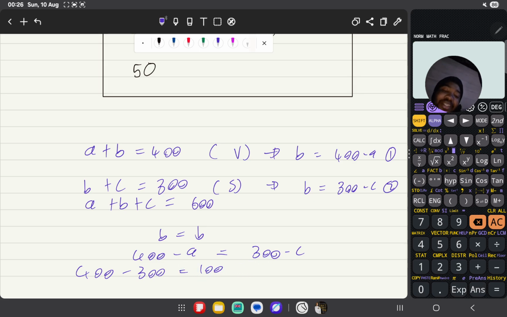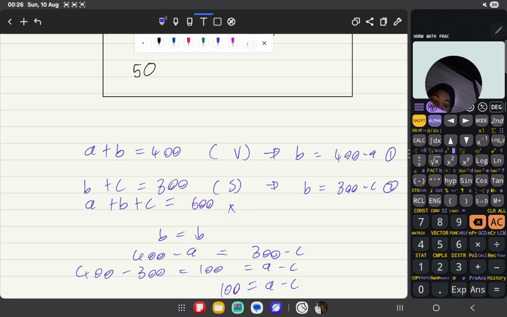This is just a mess, guys. I'm running out of space, that's why I'm writing it this way. I transposed 300 to that side, so I'm going to take A to that side and it's going to be positive, so I have A minus C. The equation I'm getting here is 100 equals A minus C.